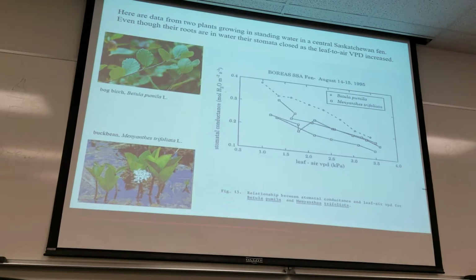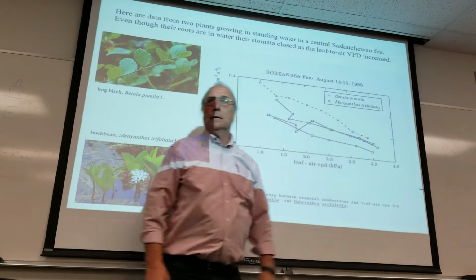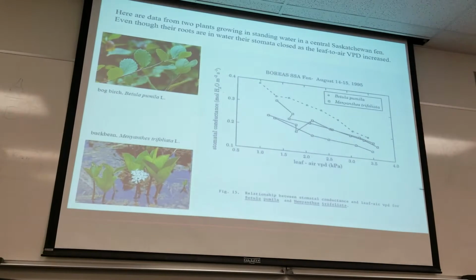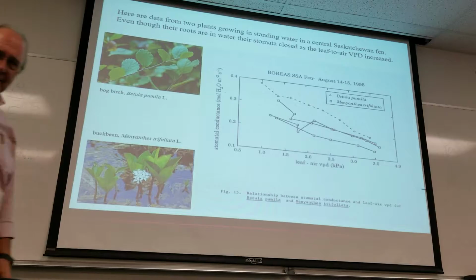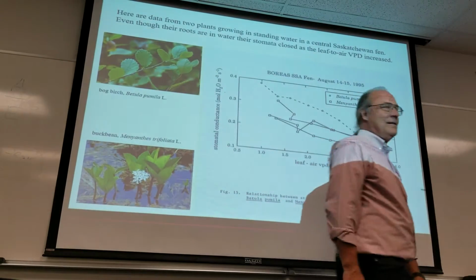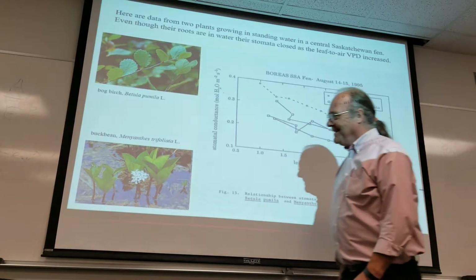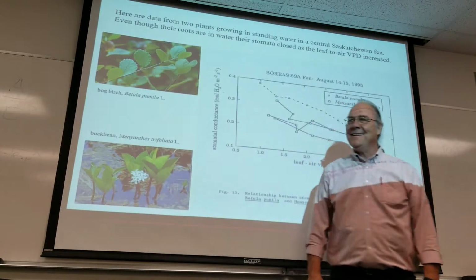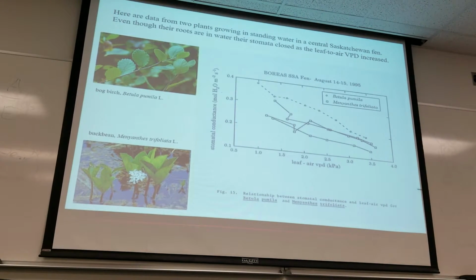And so under those conditions, even though there's plenty of water around, the stomata close. How does that work? How does the plant know that's going on? There may be something about plants growing in these conditions that can give us some insight.